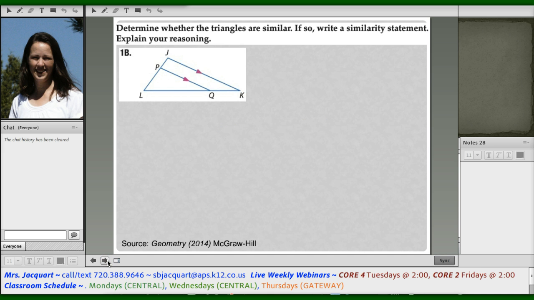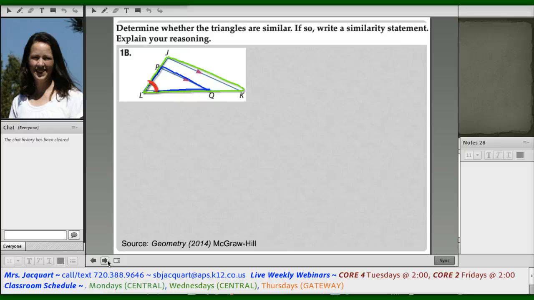Okay, let's look at this triangle here. Are the green and blue triangles similar? Well, we know that that angle is going to be the same on both of them.